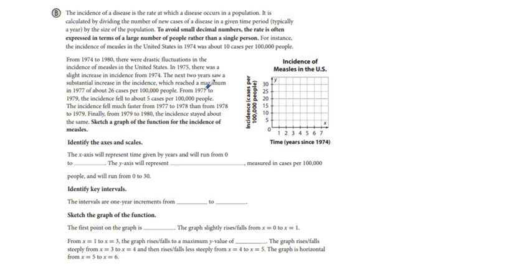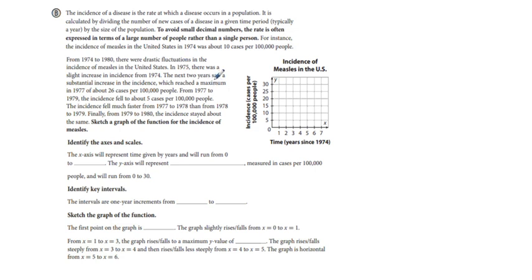From 1977 to 1979, the incidence fell to about 5 cases per 100,000 people. The incidence fell much faster from 1977 to 1978 than from 1978 to 1979. So verbally, we have an explanation of what's going on. So it's left to us to fill in the graph.